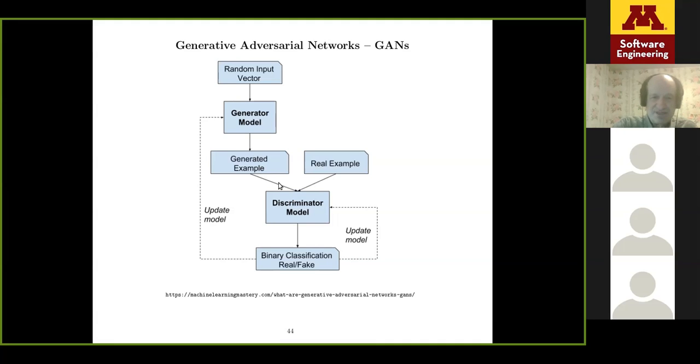So suppose that you start with this initialization, you can train the discriminator to discriminate between real examples and the generated examples. If the generator is just random at the beginning, then that should be easy. The real example will probably be a sharp image, and the generated example will probably just be random noise. So it should be easy to discriminate. Once the discriminator does a good job of discriminating, you then can update the weights inside the generator model.